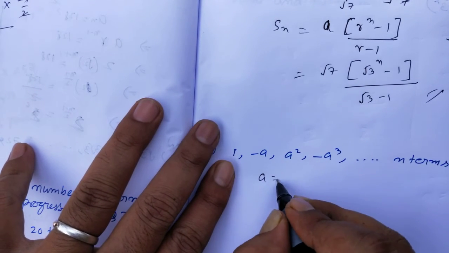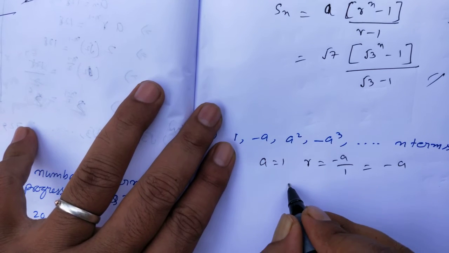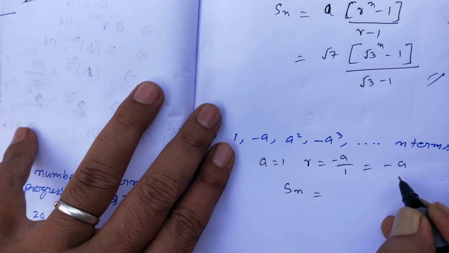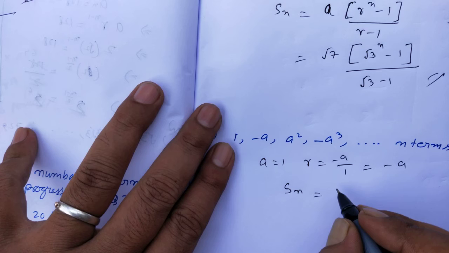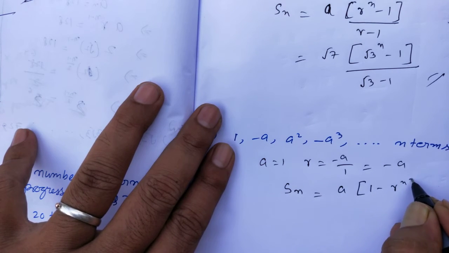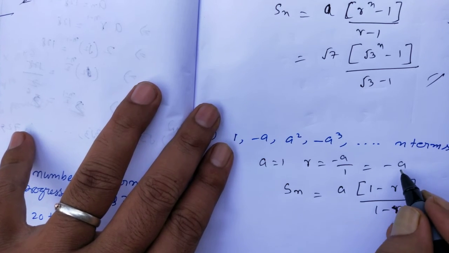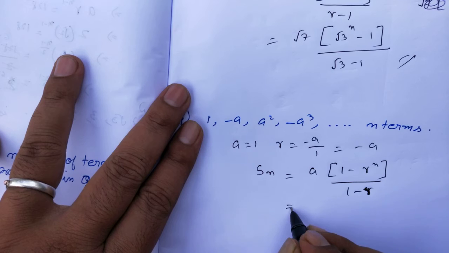Here A is 1. R is minus A by 1, that is minus A. Sn will be, since it's less than 1, A times 1 minus Rn by 1 minus R. Negative number is less than 1, so put the value.